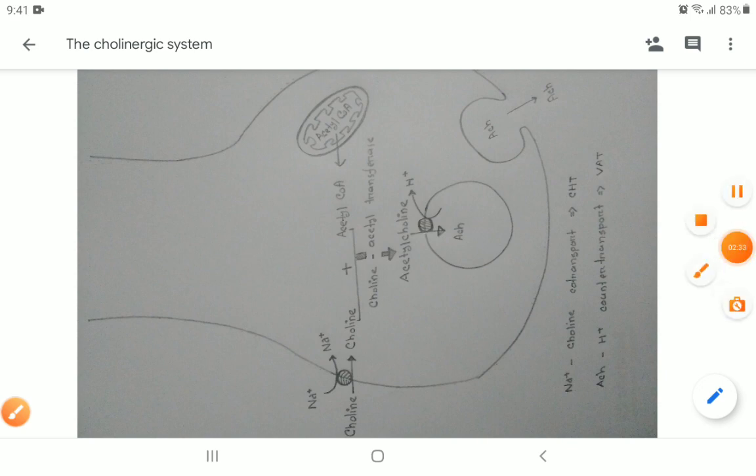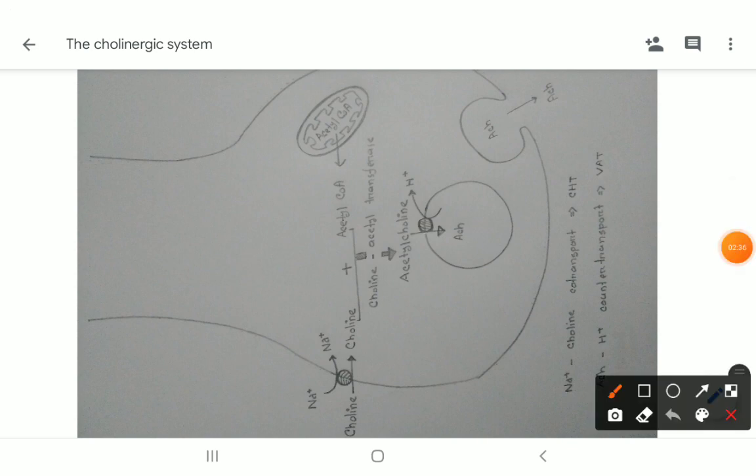Now after formation, acetylcholine should be stored, and acetylcholine is stored within the vesicles. This is a vesicle. How is it stored? Acetylcholine comes into the vesicle by a transporter called the acetylcholine proton counter transporter, which is also called VAT or vesicle associated transporter.